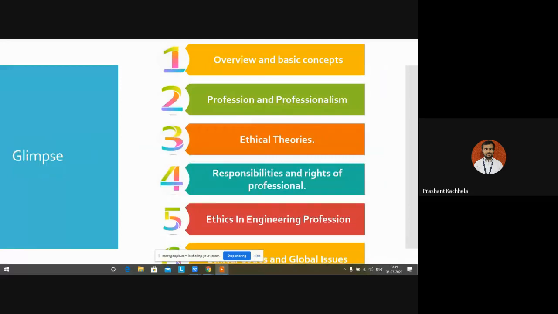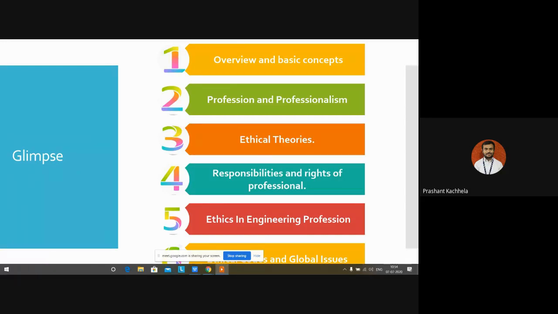Okay, talking about a glimpse of the different modules. The first module is dealing with overview and basic concepts. Here we are going to learn what ethics is, the proper definition of ethics.